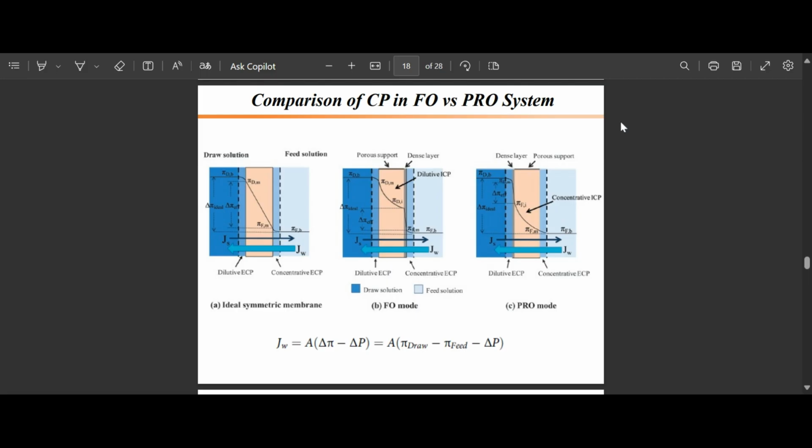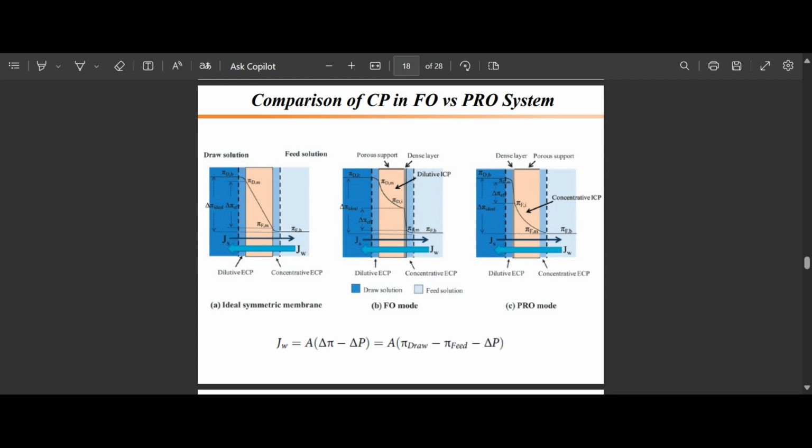How about the PRO? Yeah, I explain this. In the membrane, there is the salinity level, the osmotic pressure level. How about the feed solution? This level. So we can say this is the osmotic gradient.